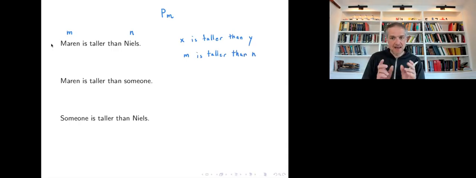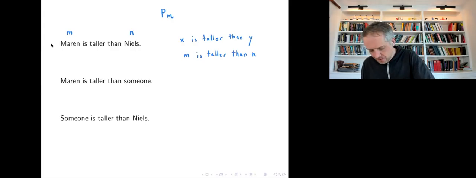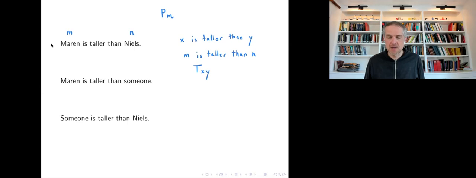Now we want to represent "is taller than" in a compact form. As before, we used a letter with a blank after it for a predicate. Now we'll put a letter with two variables after it for a relation, where the order matters very specifically. So for TXY, the thing in the first slot is taller than the thing in the second slot.